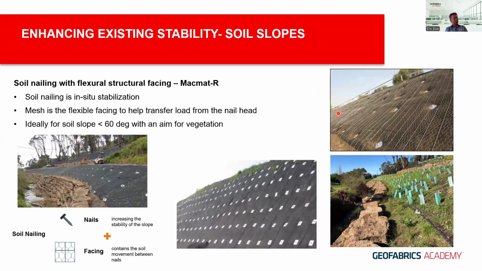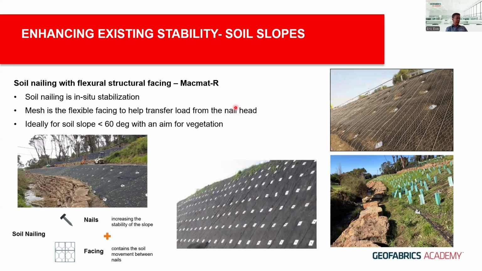Then for soil slopes, we use more or less a similar type of mesh. Again, different mesh for different types of slope conditions, but they usually come with, in addition to mesh, for stiffness and for density within the nail head for soil nail, an erosion control element.